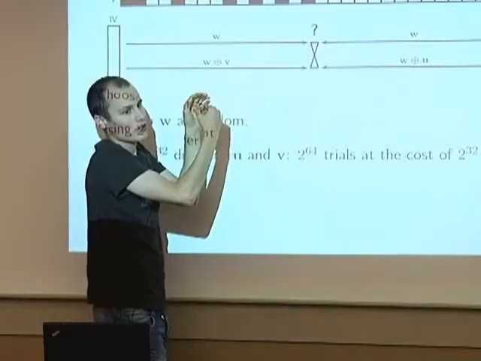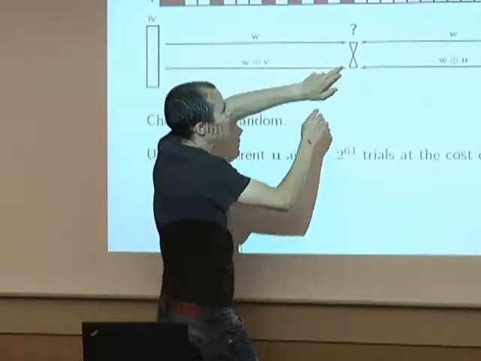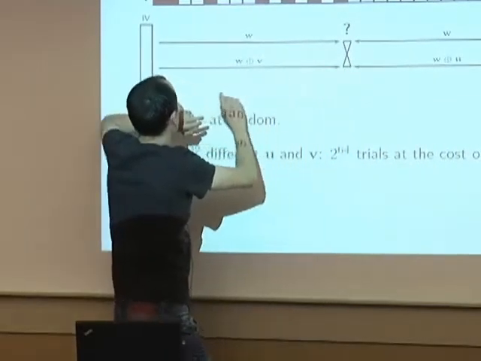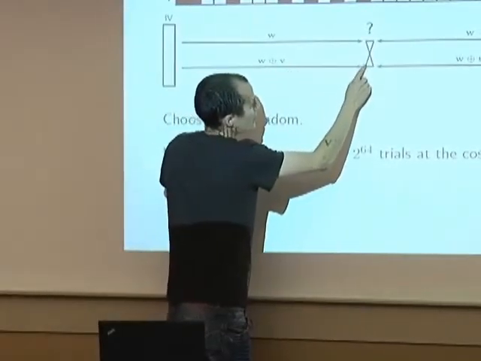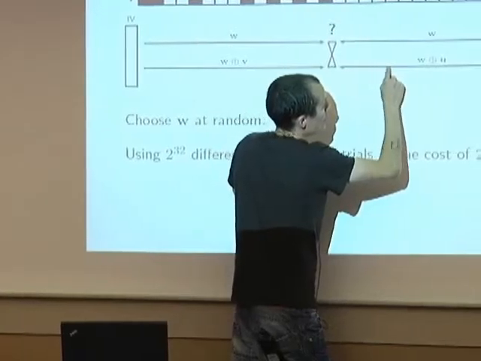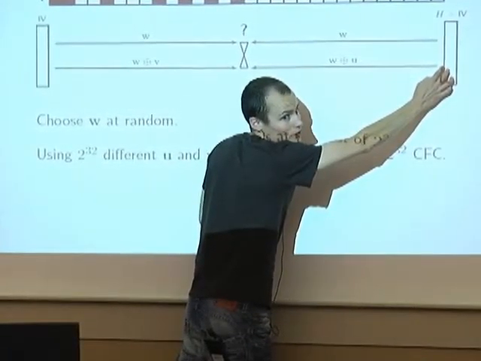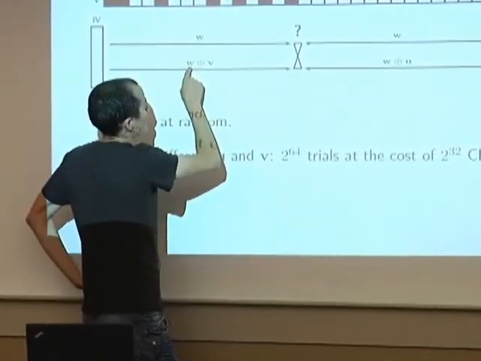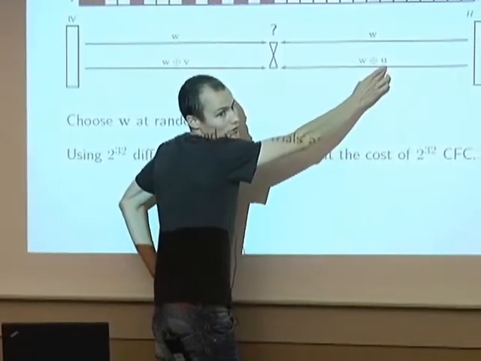If I have a match, so assume we have a match in this computation and from this computation, then this means that I can come from the IV with this message here, and then doing the computation here with this message, I end up in this value that I want. That means that I have a preimage found when I use the message W plus V plus U.